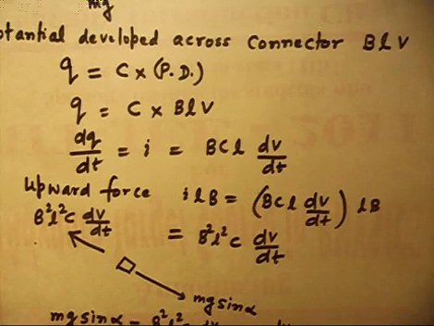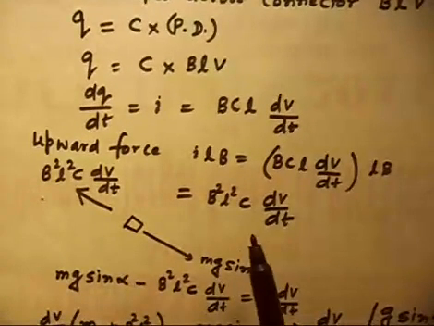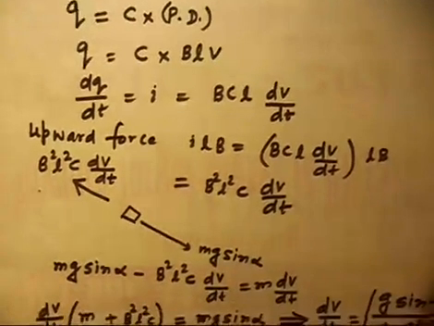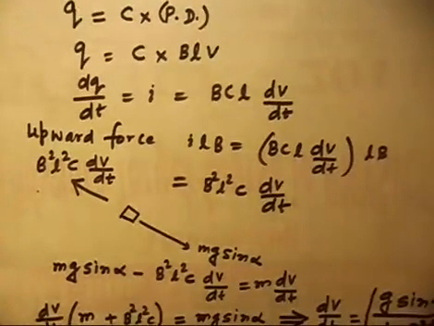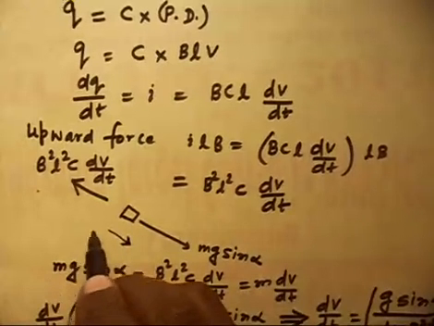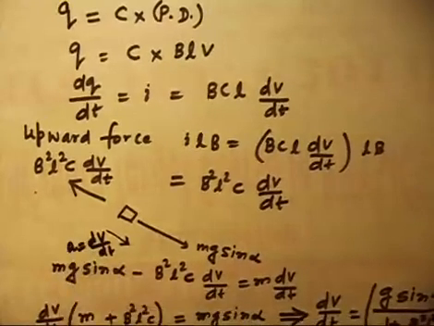Okay, so let us go to the next. So the force downward is mg sin alpha, force up is B square L square C dv by dt. Now this block is coming down with acceleration dv by dt. So acceleration down is dv by dt, or a you can say. So dv by dt is acceleration.